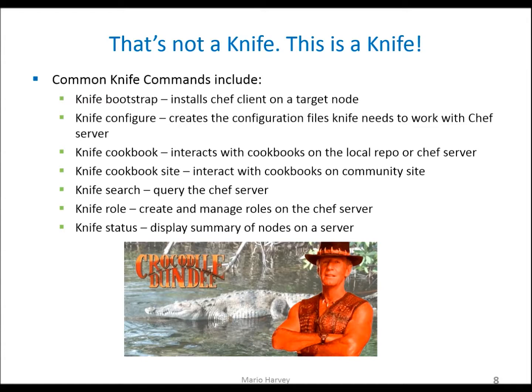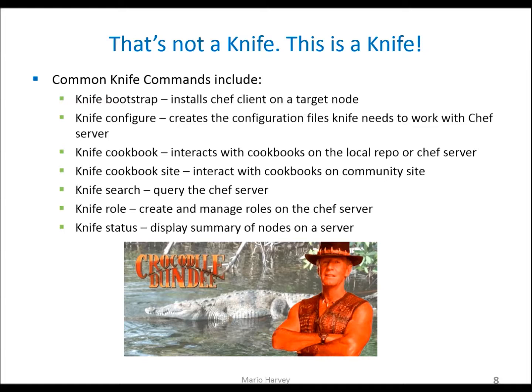So common knife commands include knife bootstrap, which installs Chef client on a target node. Knife configure creates the configuration files knife needs to work with the Chef server. You have knife cookbook, which interacts with cookbooks on your local repo or the Chef server, and then knife cookbook site, which interacts with cookbooks on the community site, which is one that I will use a lot in the demo.